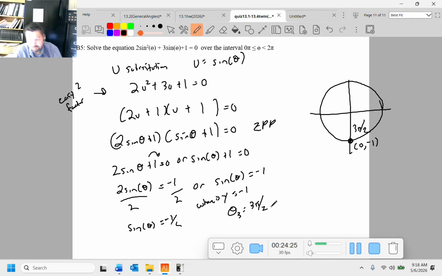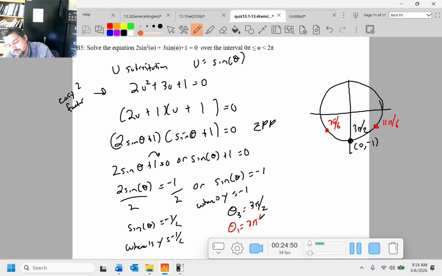Good? Maybe? Who knows? Here it's where is y equal to negative 1/2. The two locations that y is equal to negative 1/2 are about right here and right here. This is at 7 pi over 6 and at 11 pi over 6. So I get some more thetas.